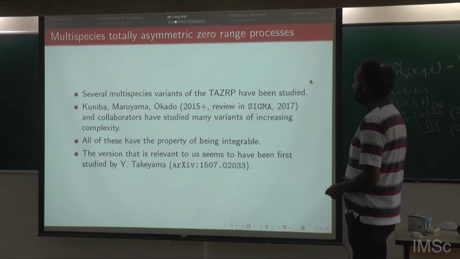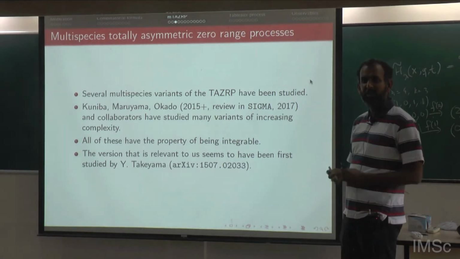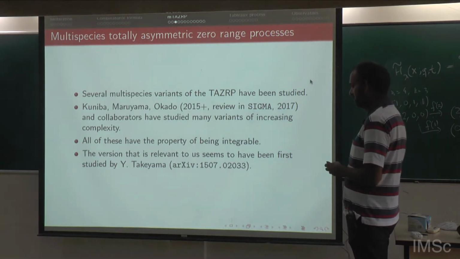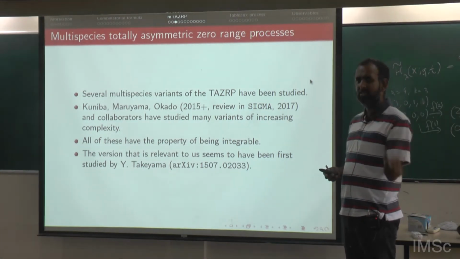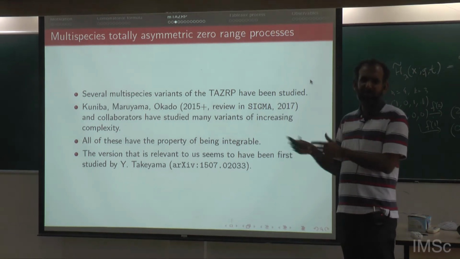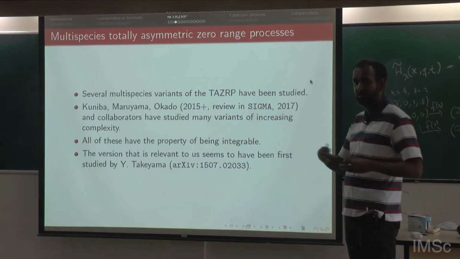Okay, so what I mentioned so far is a single species process. There's only one kind of particle, but you can have multi-species variants where there are different kinds of particles. So multi-species means you have a first class particle, a second class particle, so different classes of particles with different speeds in a sense.